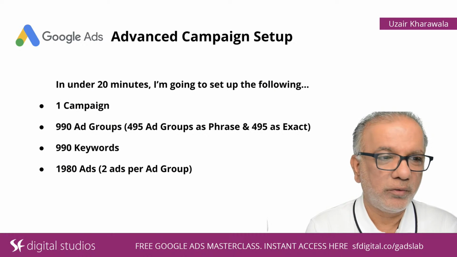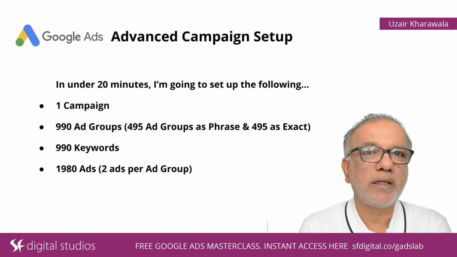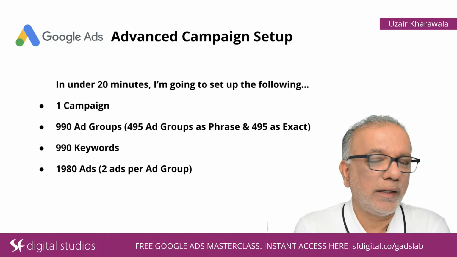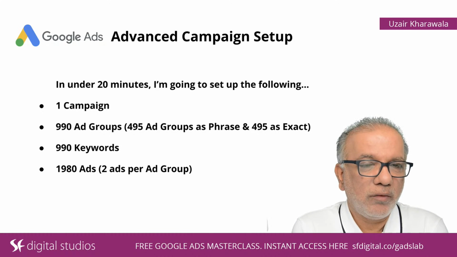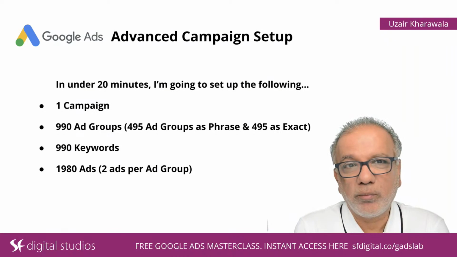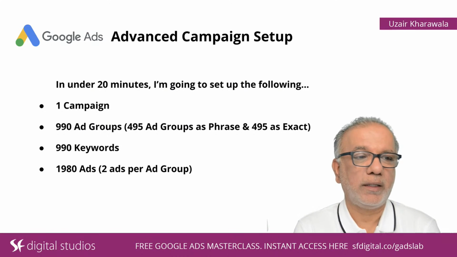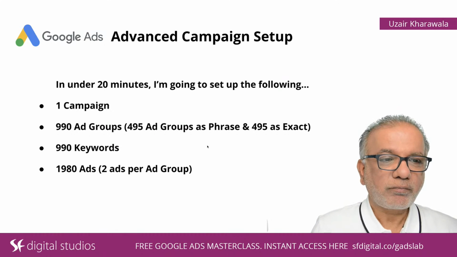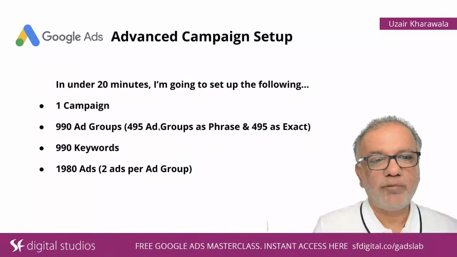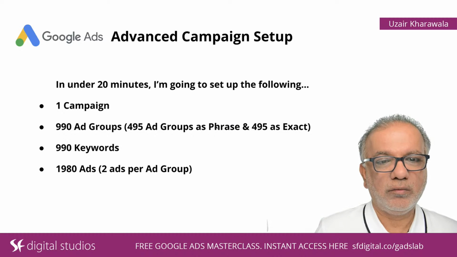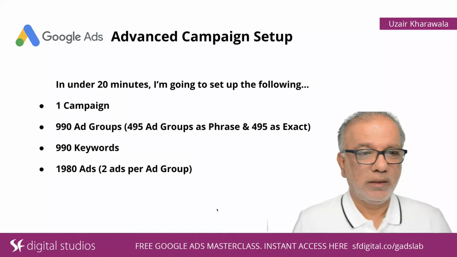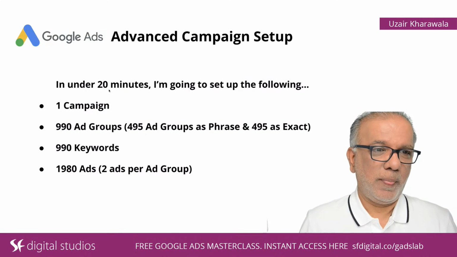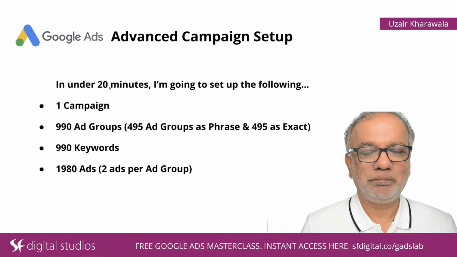What I'm going to try and do is to create a campaign with around 990 ad groups, one keyword per ad group to keep it very granular, and we'll have 2 ads per ad group, so that makes a total of 1980 ads. So what we have got is 495 ad groups as phrase match keywords and the other 495 as exact match. So all of this will be created in and around 20 minutes.